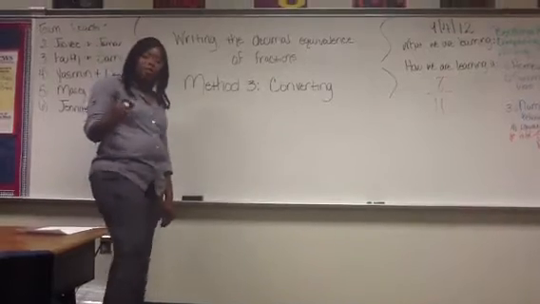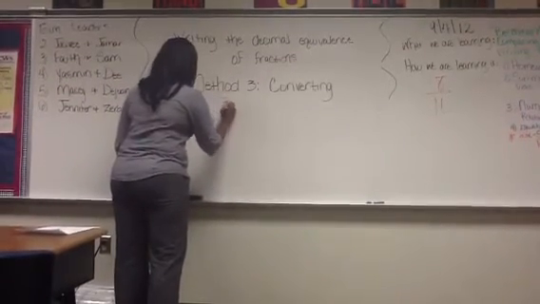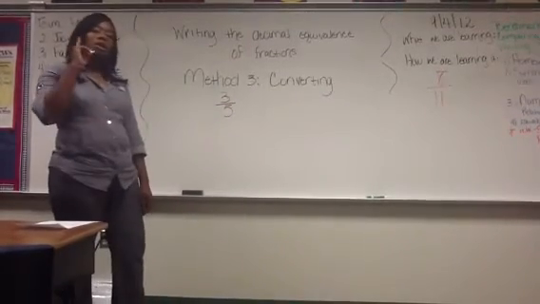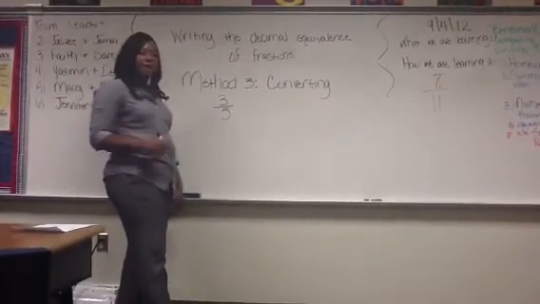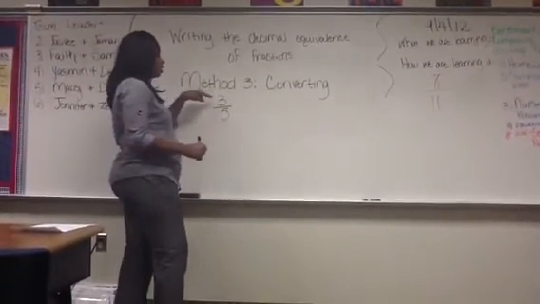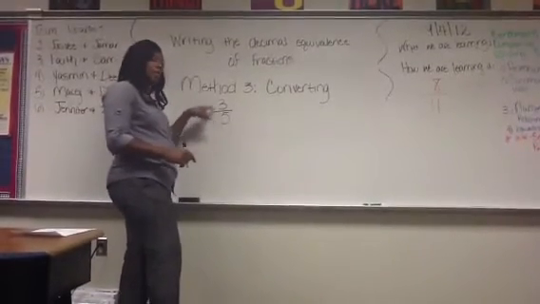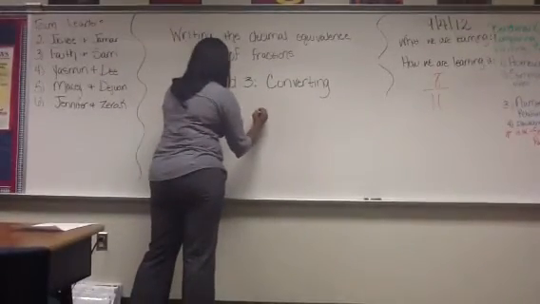So here goes. Our first fraction is going to be 3/5. Step 1 is going to be to divide. You're going to divide the numerator by the denominator. Divide the top by the bottom. Now that's going to look funny when you first do it.